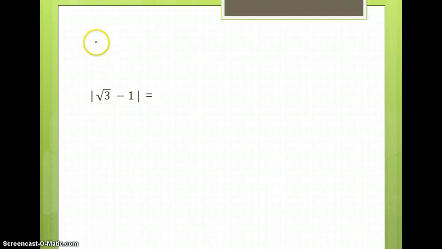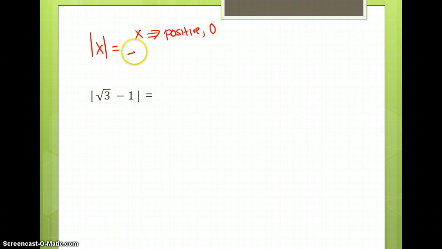So remember, our situation is the absolute value of x. It's either going to be x if you're dealing with positives or 0, and it's going to be negative x if you're dealing with negative numbers. If you don't believe it, try a quick example. Plug in a number for x into the absolute value and see what you come up with.